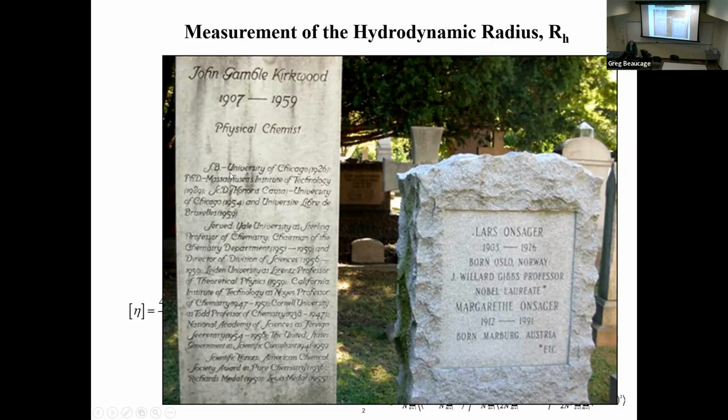Anyway, it's kind of like the graveyard. They're buried next to each other. They were friends, you know. So basically, Kirkwood was buried first, and he put everything he ever did on his gravestone. Then Onsager, this is kind of famous in science, I guess. Onsager never won the Nobel Prize, and he wanted to. He won every other prize but couldn't get the Nobel Prize.